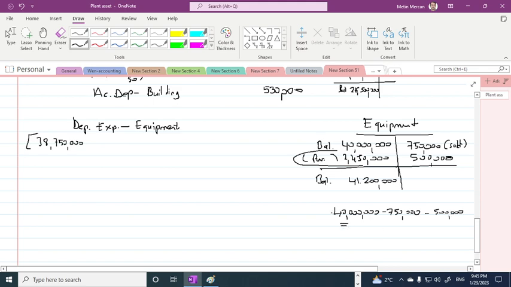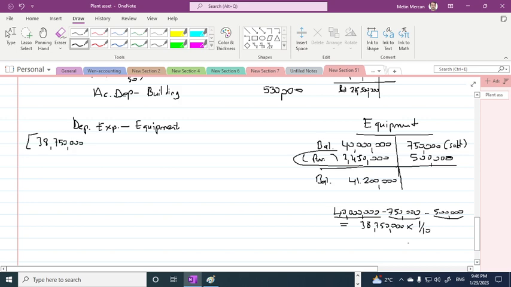And this is the asset which was purchased originally, I mean, several years ago. At the beginning of the year, we had that much. Then in the year, that much of this equipment is sold, and that much is retired. So how much is left? $38,750,000. So this is the whole year, right?